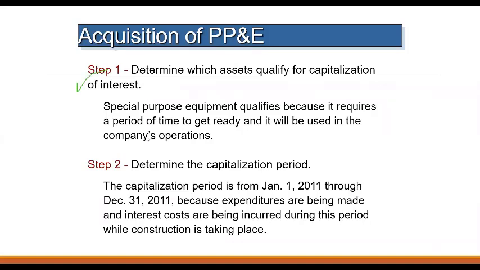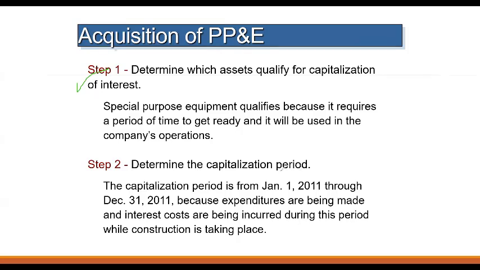The second step is to find out the capitalization period. We said we will start whenever we start the expenditure, whenever the construction is in process, and it will end when the asset is ready for use.